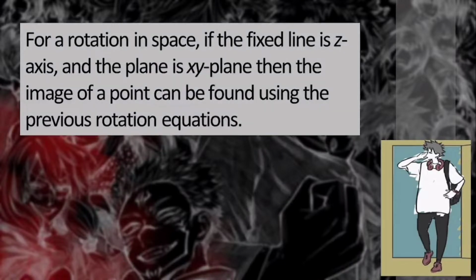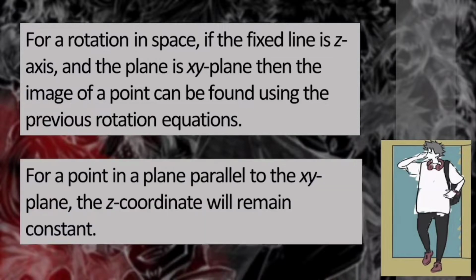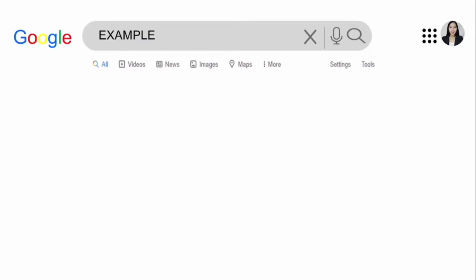For a rotation in space, if the fixed line is the z-axis and the plane is the xy plane, then the image of a point can be found using the previous rotation equations.